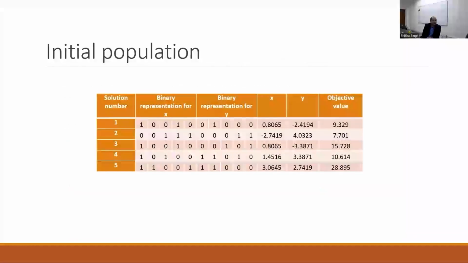Okay, so coming back to the simple mathematical problem, we have 2 variables, x and y, and we initially randomly generated these chromosomes, right?